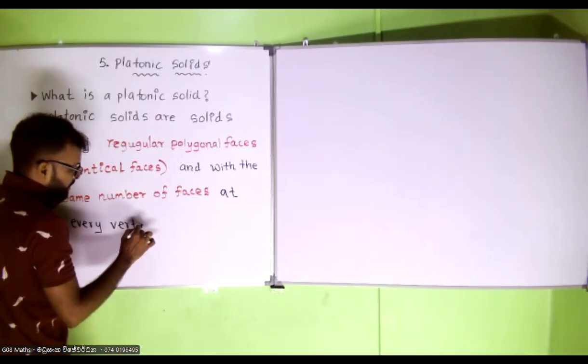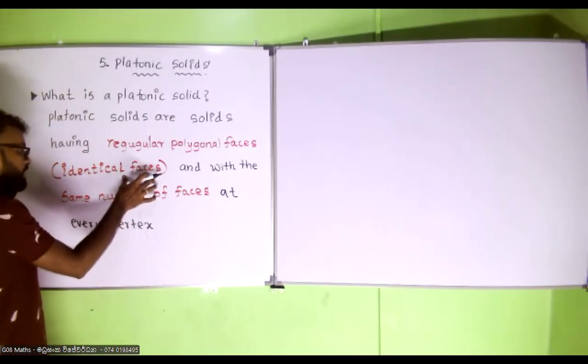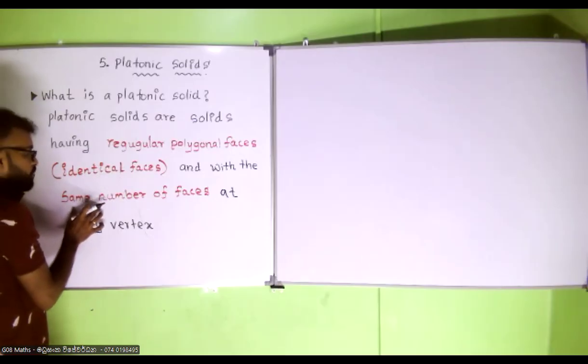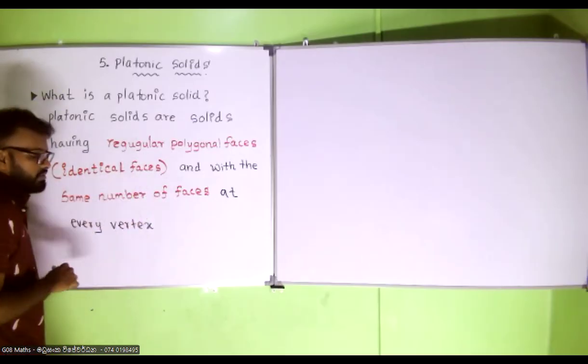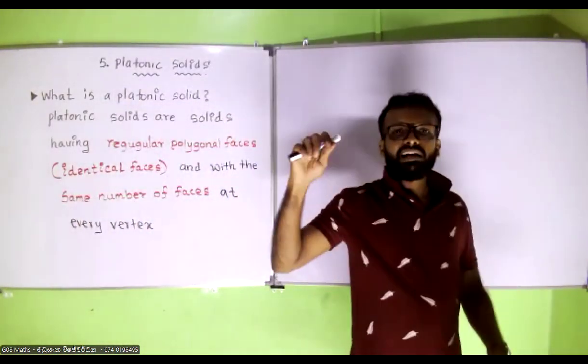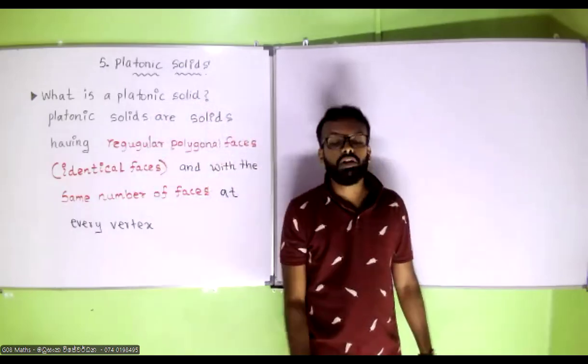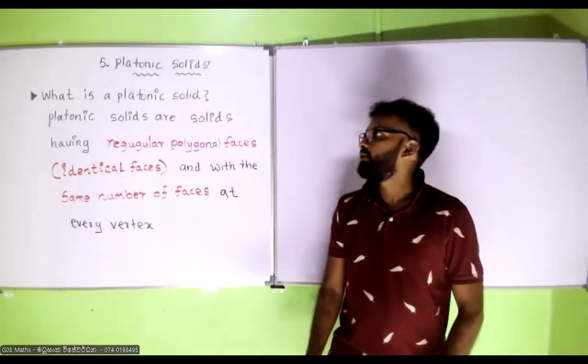So each and every vertex should have identical faces, and those should be the same number of faces. That means an identical number of faces should meet at each and every vertex, so that it will be called a platonic solid. Correct?